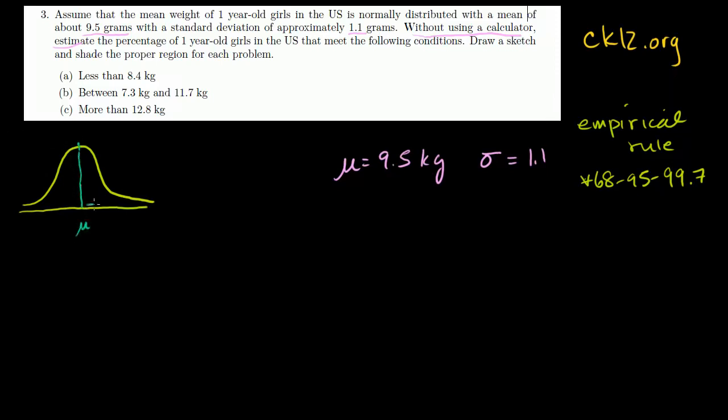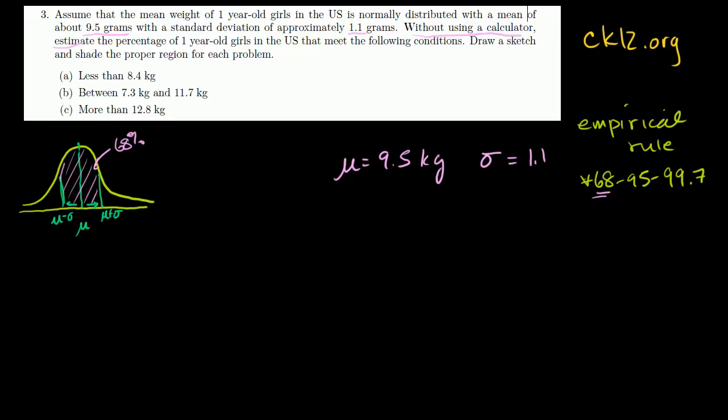If we go one standard deviation above the mean and one standard deviation below the mean, the probability of finding a result in a perfect normal distribution between one standard deviation below and one standard deviation above the mean, this area, is, you could guess, 68%. There's a 68% chance you're going to get something within one standard deviation of the mean.